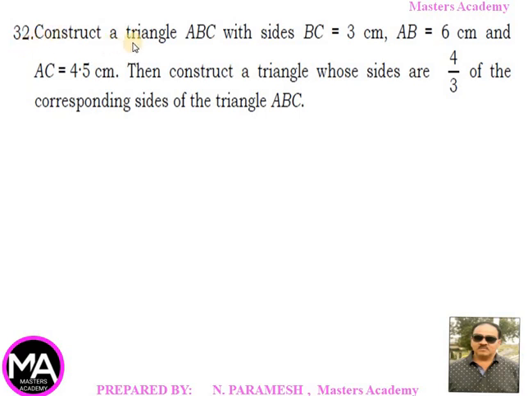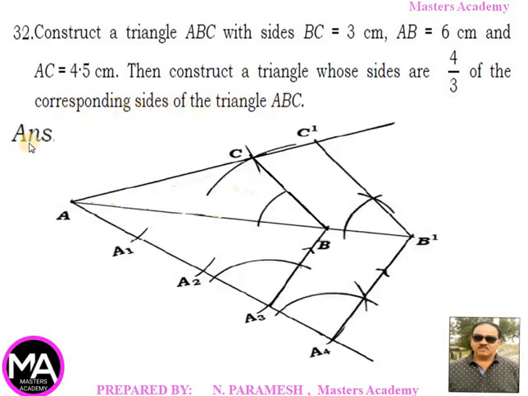32nd question. Construct a triangle ABC with side BC is equal to 3 cm, AB is equal to 6 cm and AC is equal to 4.5 cm. Then construct a triangle whose sides are 4 by 3 of the corresponding sides of the triangle ABC. Answer: first, draw AB is equal to 6 centimeters.